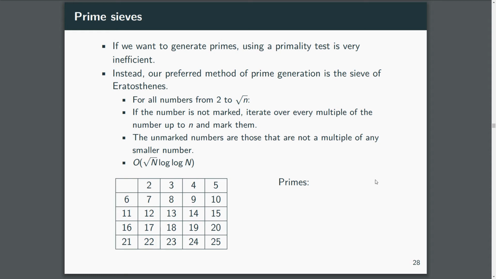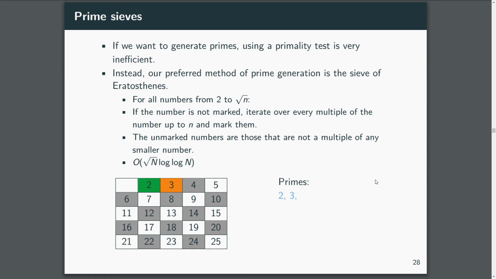So let's go over an example of how this works. We're going up to the number 25. So 2 is unmarked. So we mark all of its multiples and then move on to the next number. 3 is unmarked. So we mark all of its multiples and move on to the next number. 4 is marked, so we skip it and we go straight to 5.